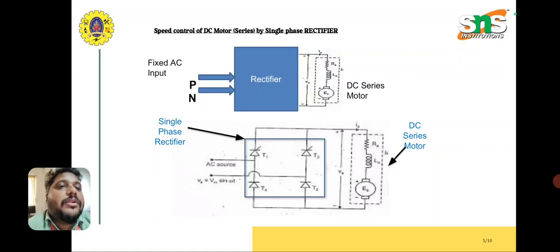So this is the speed control of a DC series motor by a single phase rectifier. The DC series motor is connected on the output side of the fixed input. The first diagram represents the block diagram, the second diagram the circuit diagram. Here the input is phase and neutral, and the output is directly connected to the DC series motor with some resistance, that is the armature resistance.